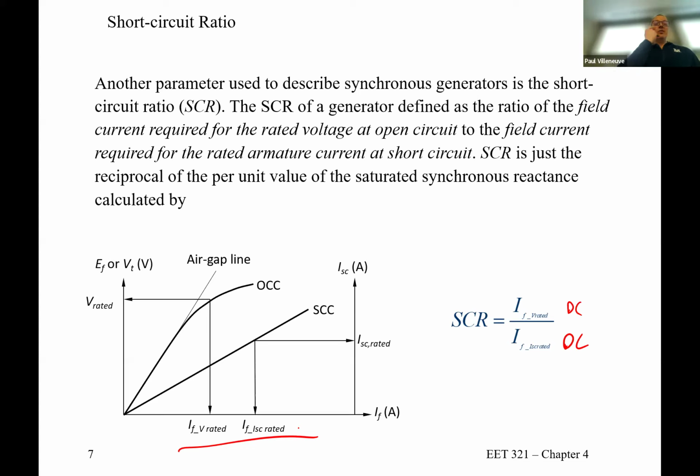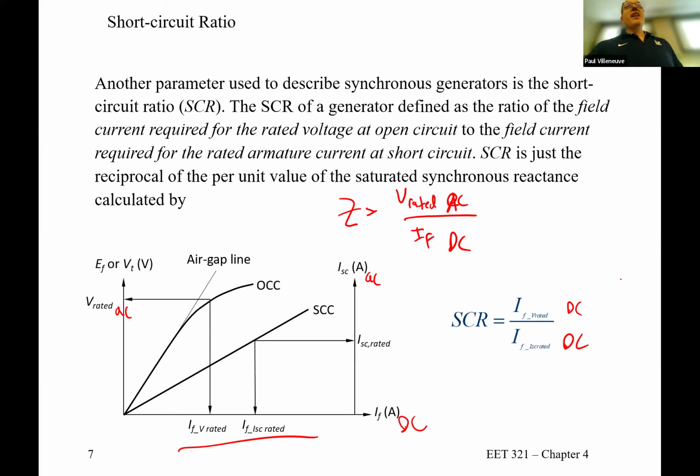One thing to be careful of when you do your homeworks, remember, this here is in DC. These are in AC. So when you calculate Z, would you calculate that? The answer, I hope, is no way, Jose. Because if we're doing AC circuit analysis, how can you divide an AC voltage by a DC current?